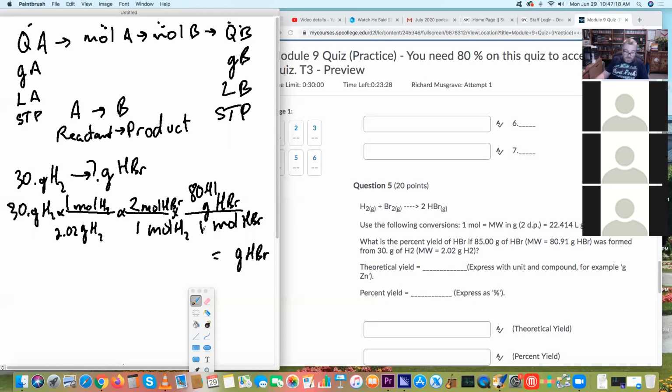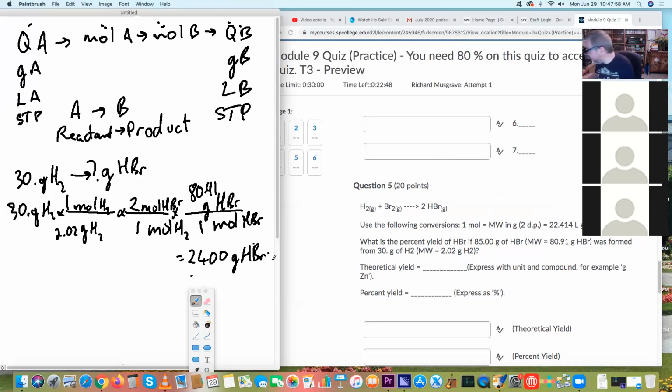I get 2403 grams, but if we convert that to significant figures, it'll be 2400 grams of HBr. That only has 2 sig figs, that's what we started with. Any questions? So that's how many grams of HBr we should have gotten.